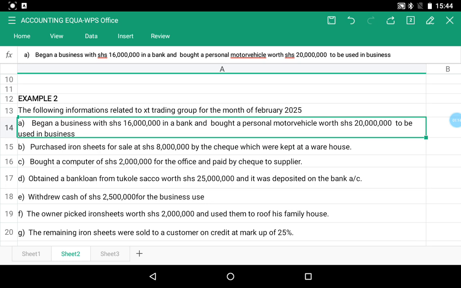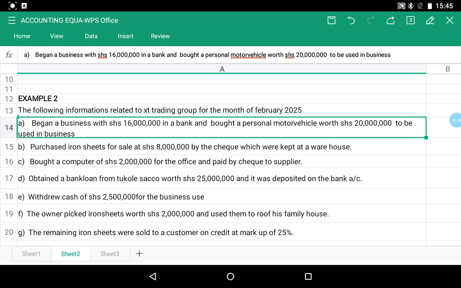Part A, they have said this person, XT Trading Group, began a business with shillings 16 million in a bank and bought a personal motor vehicle worth 20 million to be used in a business.